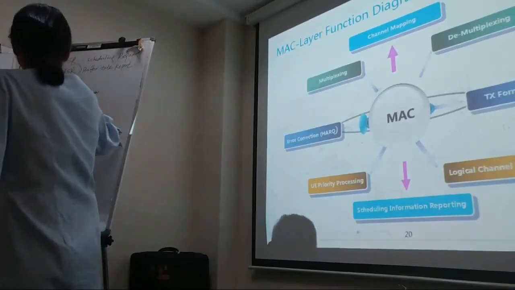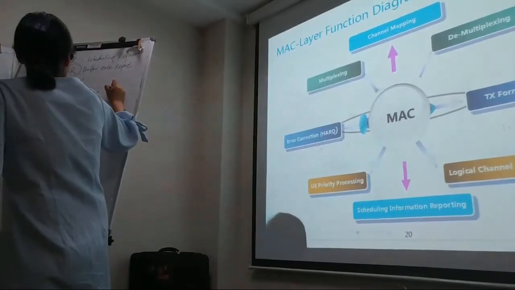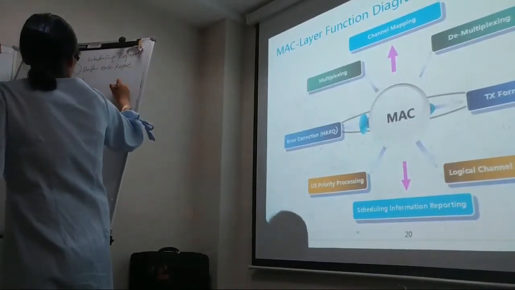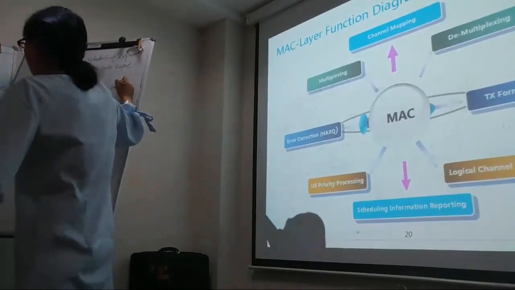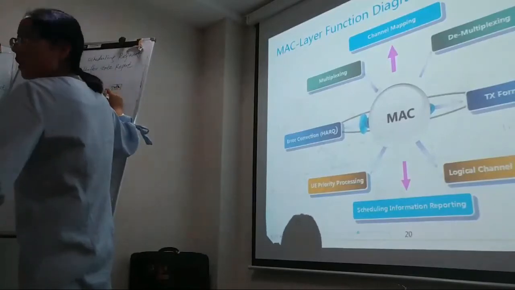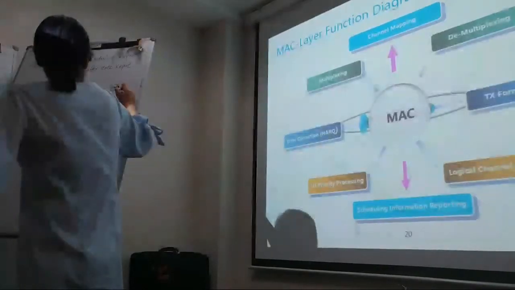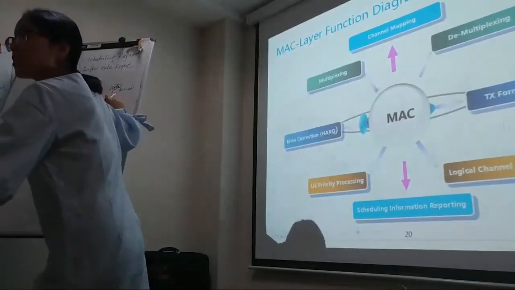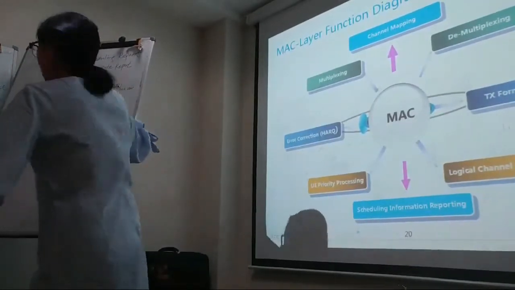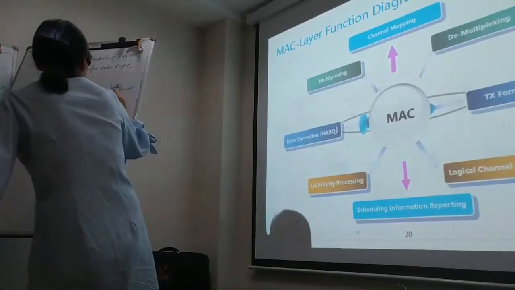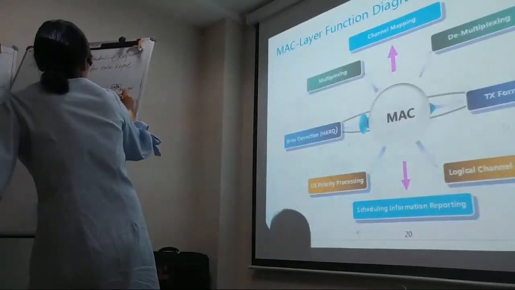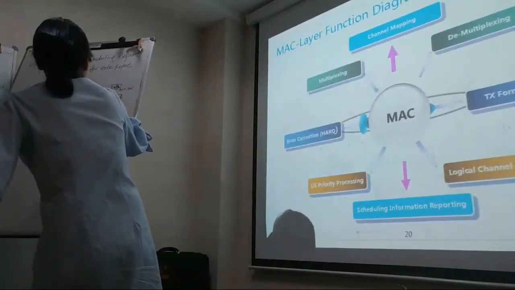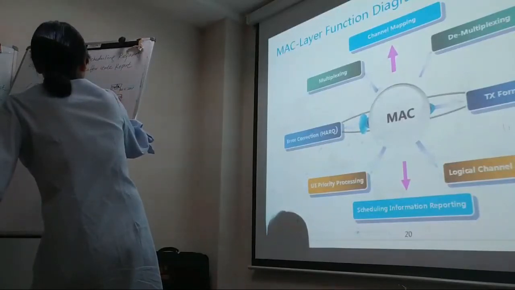So for example, now this is data arrived from the PDCP layer. So it's an RLC SDU. It arrived at the RLC. RLC will process it, right? So to this RLC SDU, I will add one header.